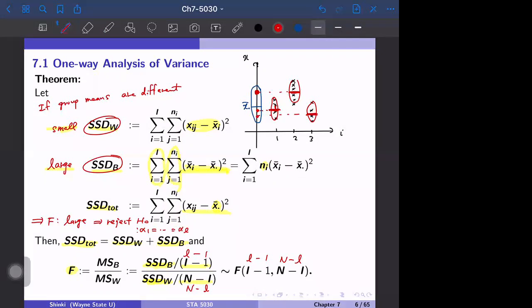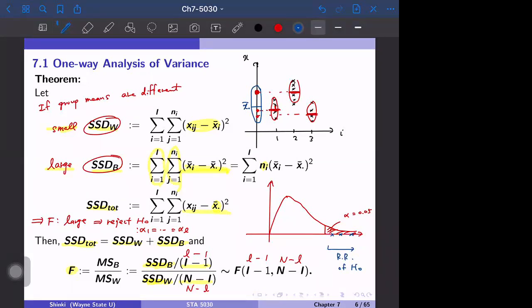The F distribution has positive support and is skewed to the right, like this. We have some threshold, suppose this is alpha, for example 0.05. If the test statistic falls in this range, we reject the null hypothesis. This is the rejection region of H naught. So if F is large enough, we reject the null hypothesis.